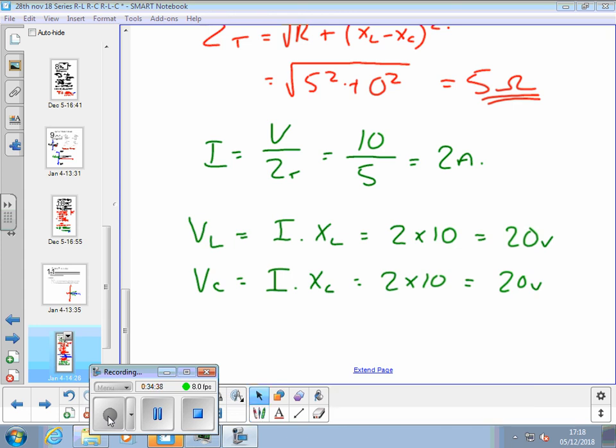Now, if you start looking at mains voltages and circuits with low resistance, you're applying 230 volts, and the only resistance you've got is the resistance of the inductor and the conductors, 2 ohms or so. You can easily end up with like 120 amps flowing, and you're going to end up with voltages across those two components in the thousands of volts.